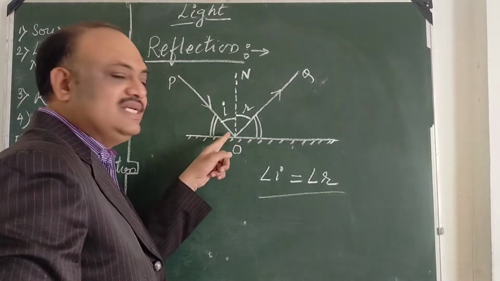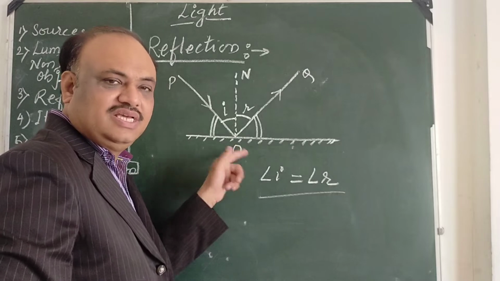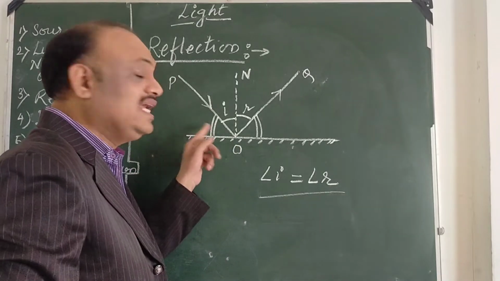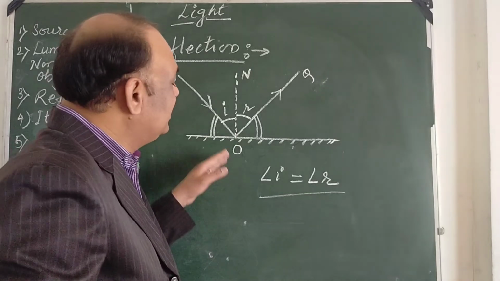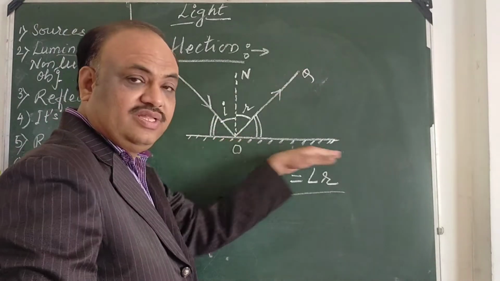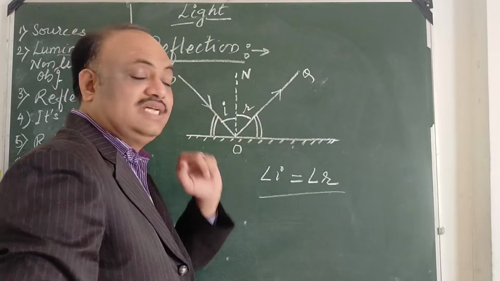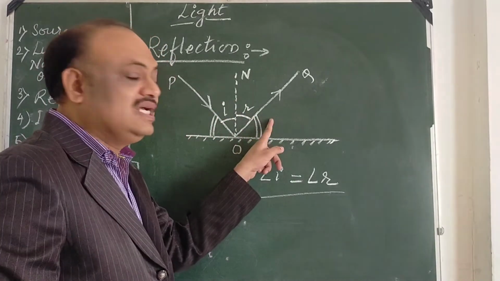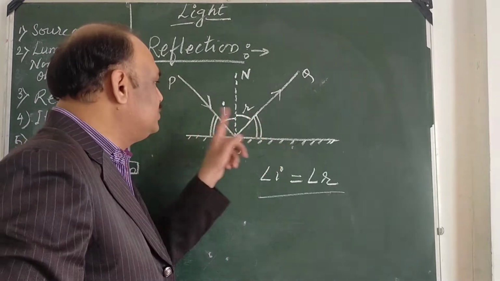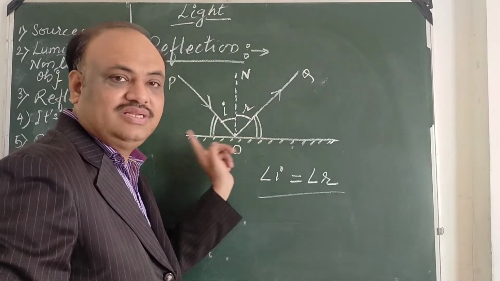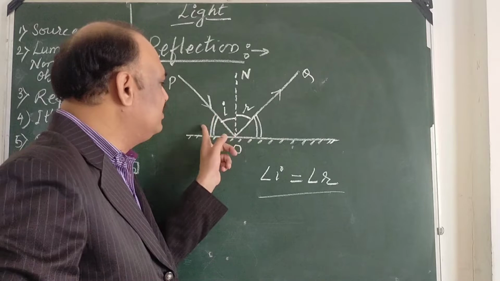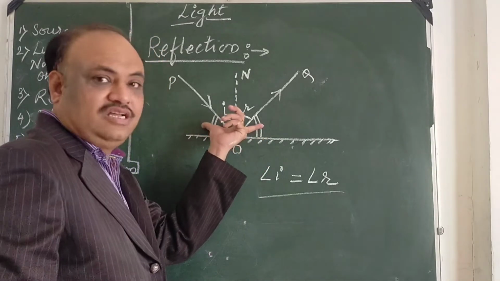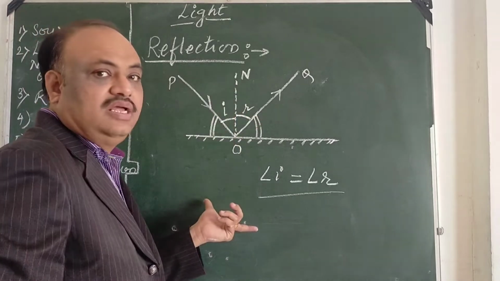The angle made by the incident ray with the reflecting surface is called the glancing angle of incidence, and the angle made by the reflected ray with the reflecting surface is called the glancing angle of reflection. These two angles are always equal. As these two angles have to be equal, these two angles are also equal. So this is the reflection.